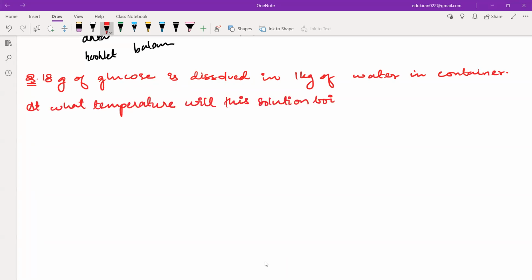At what temperature will this solution boil? And it is giving you the KB for water. It is equal to 0.52 Kelvin kg per mole. Okay, kg per mole. Shall you please write this question?